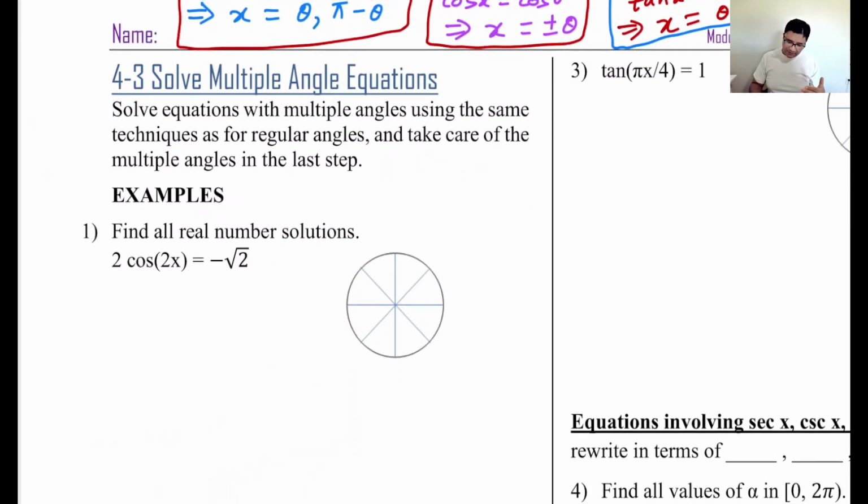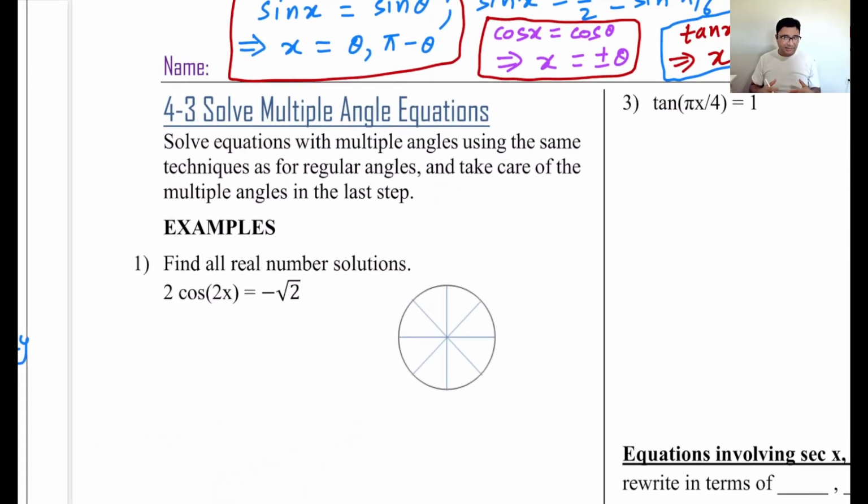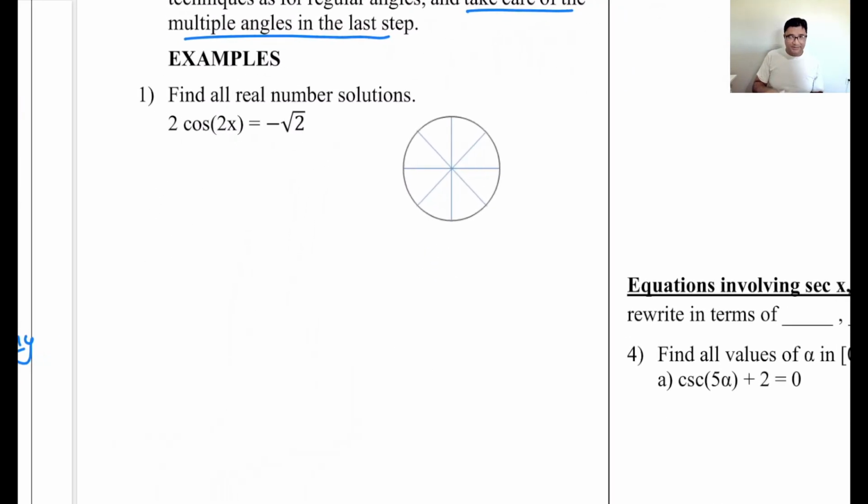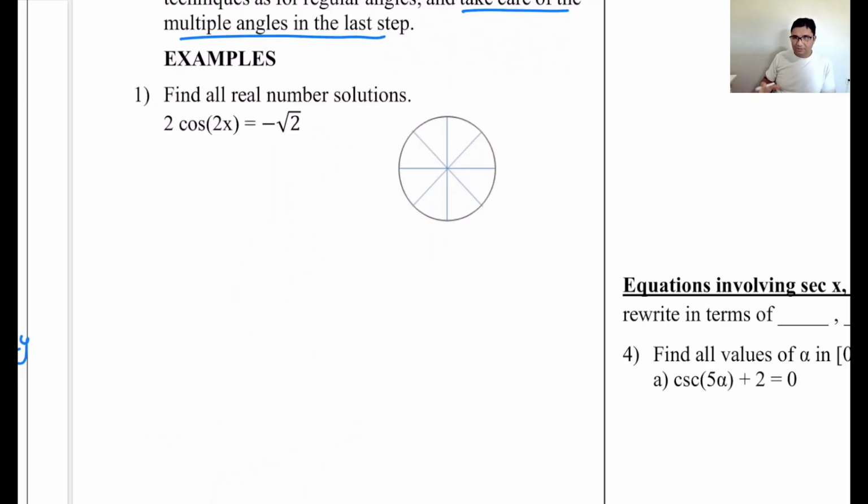And then because these are multiple angles, on the left side you would not be having x, you will be having 2x or 3x or half x, right? That last part you take care of simply by multiplying by that number on the other side. Like the normal arithmetic way. Okay, let us do some examples, it will be more clear.